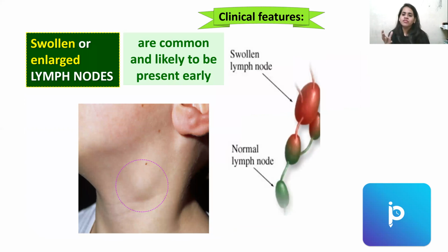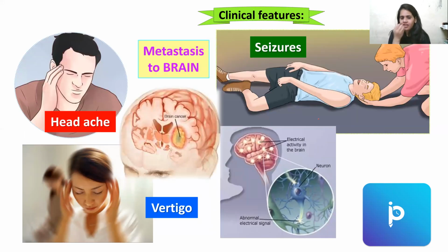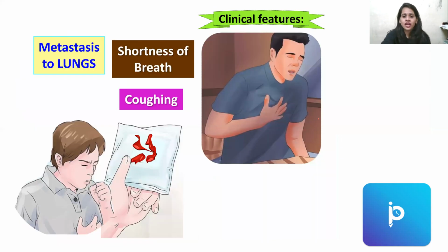If it goes to the lymph nodes, the lymph nodes of the ear or any part of the body would get swollen, and this is a very early sign of cancer. If it goes to the brain, then the person may suffer from headache, vertigo, and seizures. If it goes to the lung, then the person may have difficulty in breathing, shortness of breath, coughing, and blood coming out from the mouth, which is called hemoptysis.